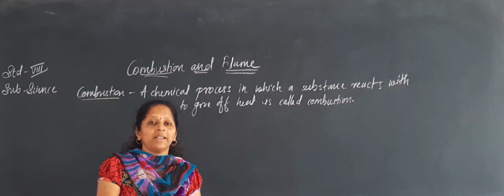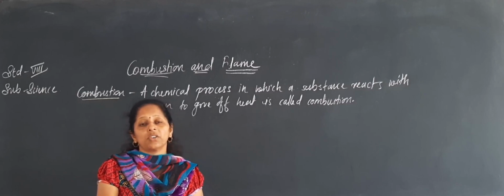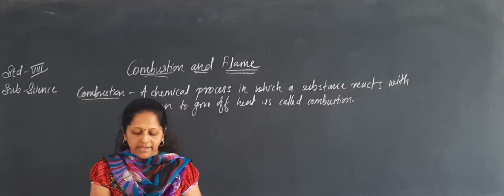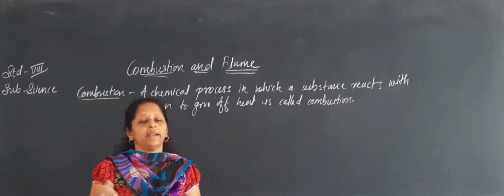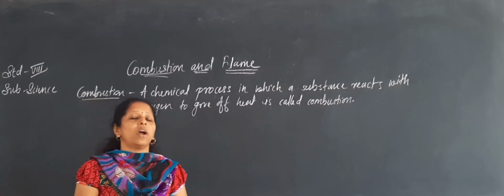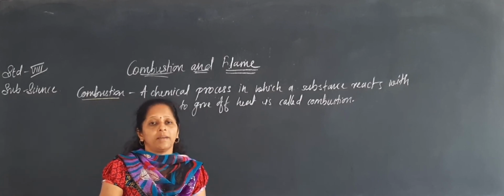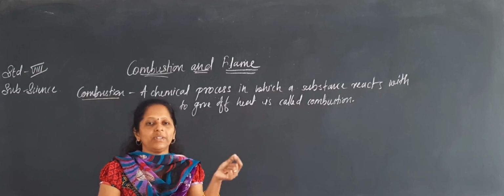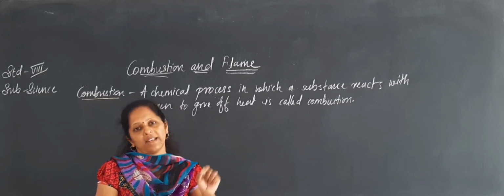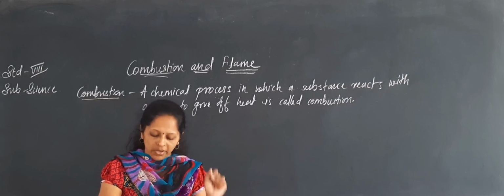When we burn a magnesium ribbon, it produces heat and light, and magnesium oxide forms. So Mg plus O2 gives the formation of MgO, that is called magnesium oxide.